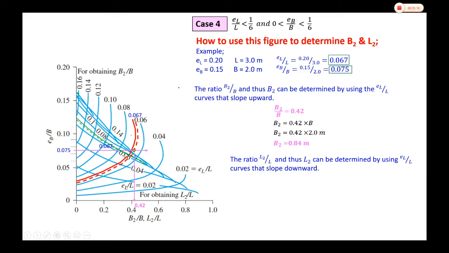Now refer to EB over B of 0.075. Look at the intersection point and going down, you can get the ratio for L2 over L. It's around 0.31. Then you can solve this since we have L as 3 meter, so the L2 is 0.93.